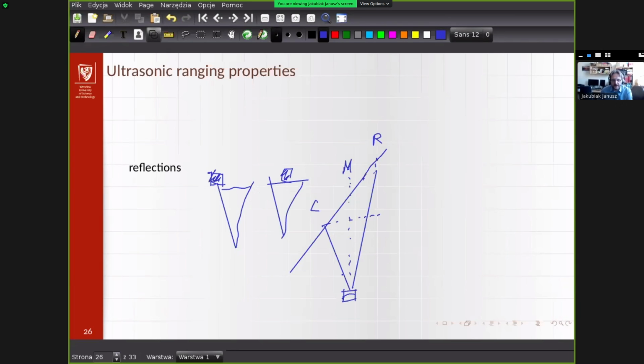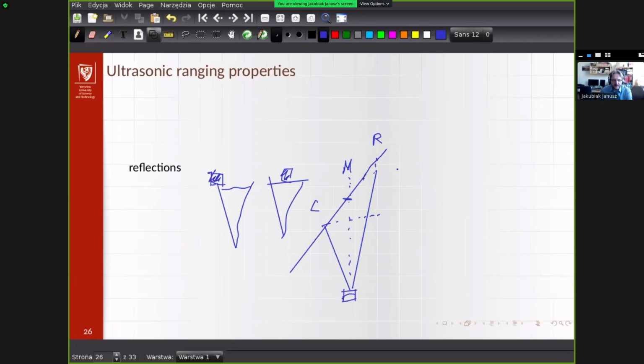Of course, that holds if the direction in which it is reflected will hit the sonar. That is another issue. So the distance is not the distance in the middle, in the direction where you look, but the closest distance within the beam.